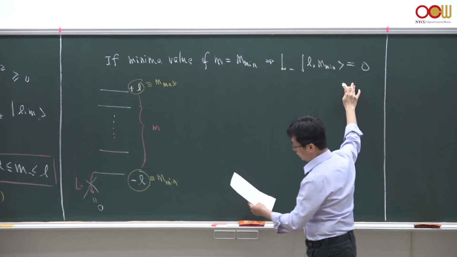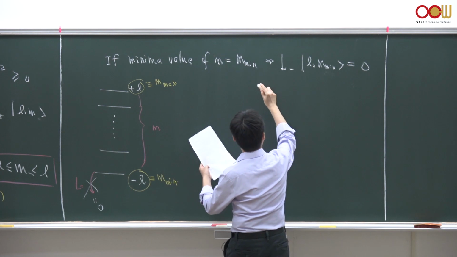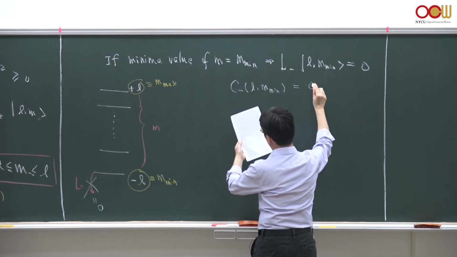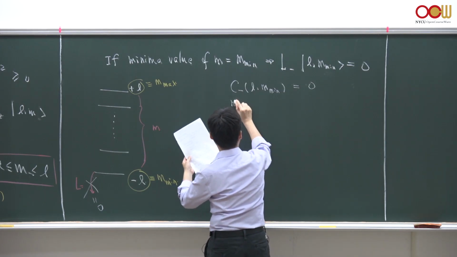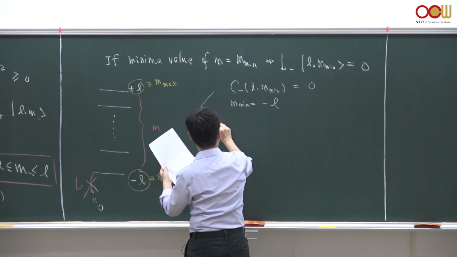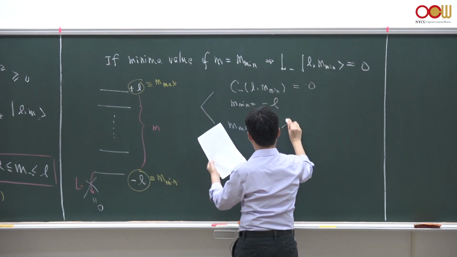Which immediately tells us that L minus acting on m minima is 0, and m minima is actually minus L. So likewise, m maximum is actually L.